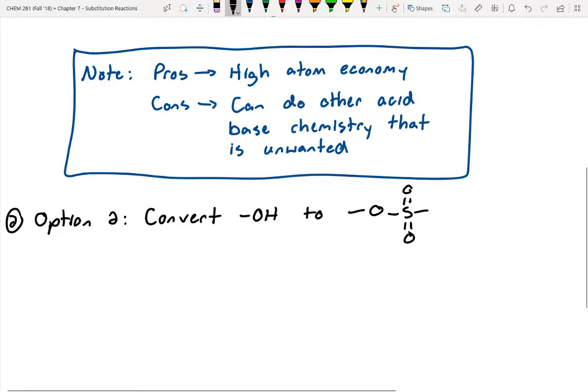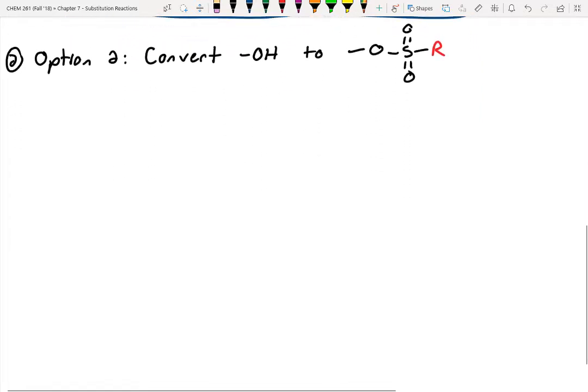And in fact, I'm going to label this as an R because it can be a wide variety of functional groups. So do you remember on your problem of the day seeing your leaving group? Your leaving group looked a lot like this unit, right? It popped off easily. So if we can convert our alcohol to something that's more stable as it falls off, it's going to be way better. Okay, so let's take a look at how we do this.